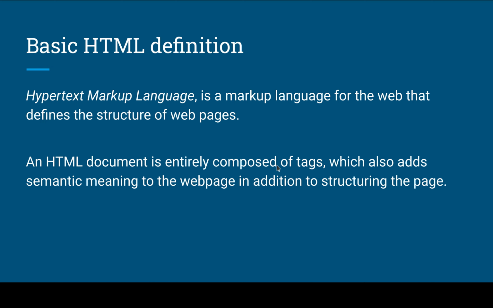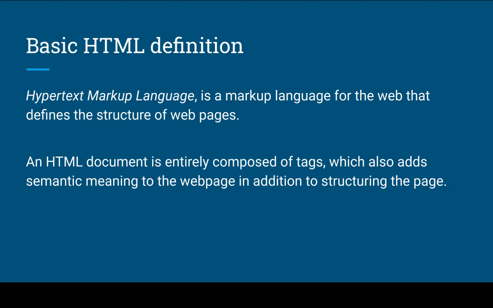So apart from the structure, the tags also add semantic meaning to the web page, right? Depending on how you use them, if the tags are used correctly, they can add semantic meaning. For example, a tag like section, a tag like header, right?